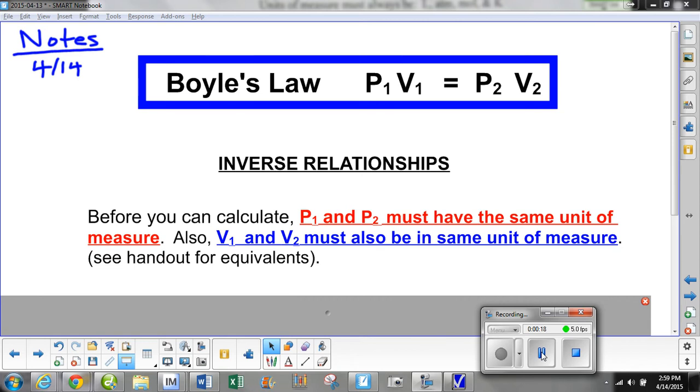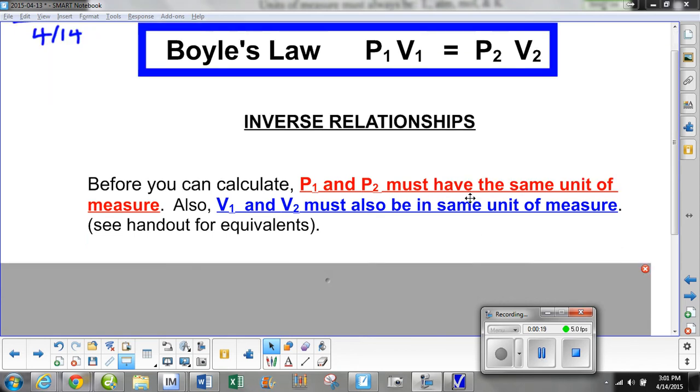The big deal on this screen is that P1 and P2 must have the same unit of measure, as do V1 and V2. They have to be the same unit of measure. So if you start V1 in liters, V2, if V2 was the unknown, would come out in liters.